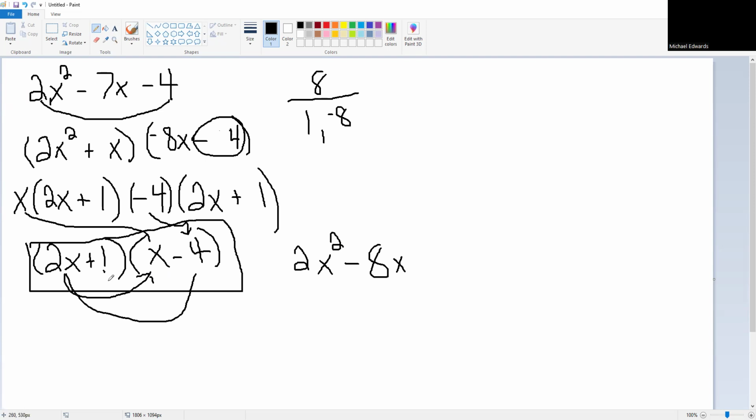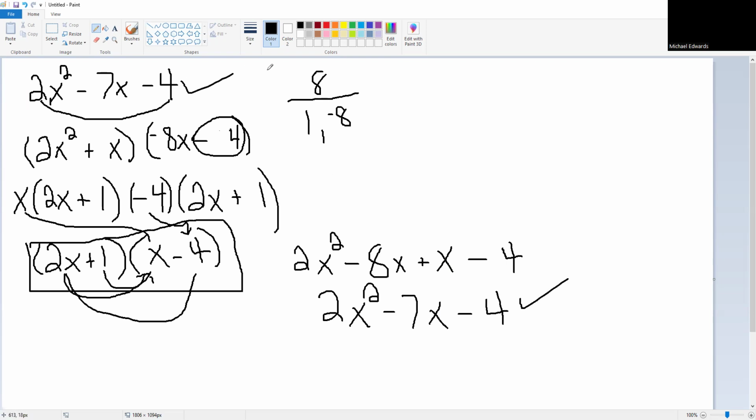And then we do the inner, which is just plus x. And then this one would be minus 4. So simplifying this would be 2x squared minus 7x minus 4, because this negative 8x plus x makes it a negative 7x. So it checks out. We did it correctly.